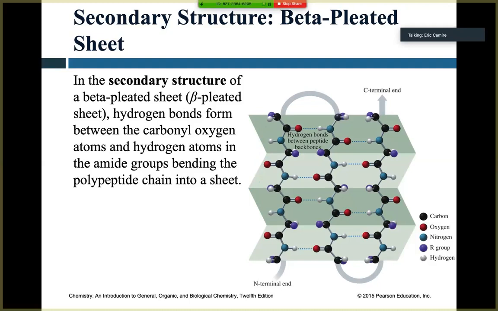But again, there's a way that beta sheets function as structural units. The way in this one is instead of making helices, where the amide backbones, the carbonyl oxygens and then the amide hydrogens form those alpha helices, there are certain primary structures that tend to form beta sheets in which they actually wrap around on themselves.